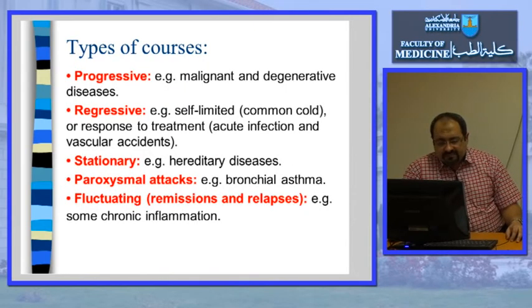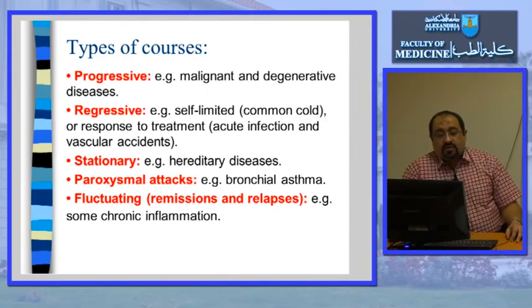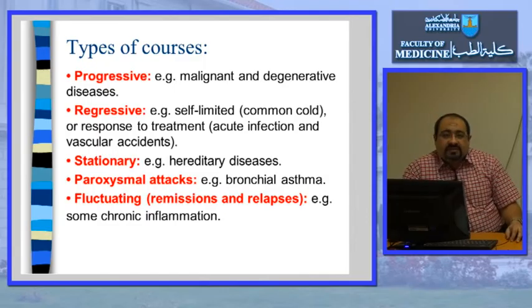The course can be progressive, which means it is deteriorating all the time, like the malignant or degenerative diseases, or it can be regressive, which is improving. It's self-limited, like self-limited conditions such as common cold, or it has responded to a treatment like acute infection or vascular accidents after receiving anticoagulation or thrombolytic therapy, then the condition may improve.